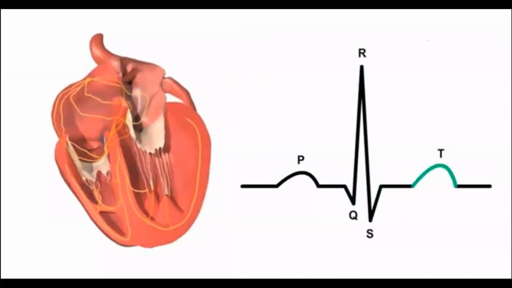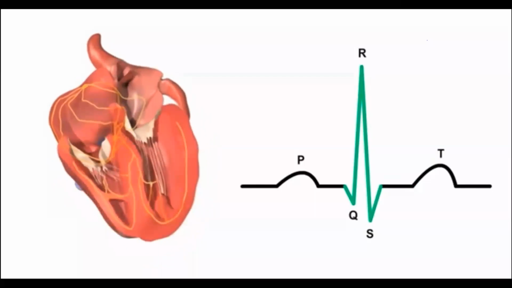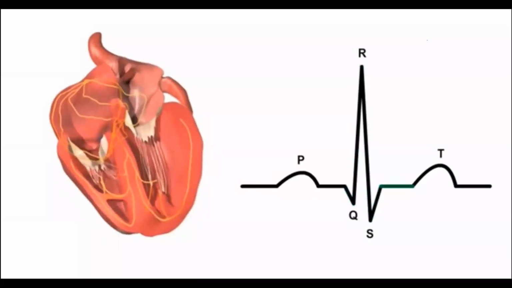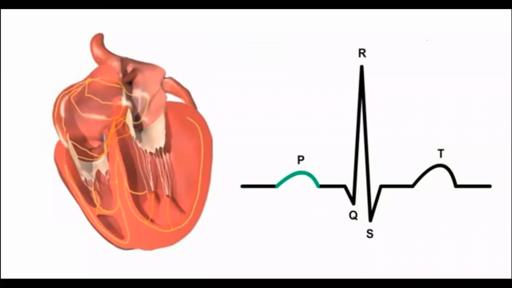Let's look at what happens during a single beat of the heart and how these events are depicted on an ECG. In a normal heart, each beat begins in the right atrium with an action potential signal from the sinoatrial or SA node, the heart's natural pacemaker. The signal spreads across both atria, causing the muscle cells to depolarize and contract, inducing a phase known as atrial systole.